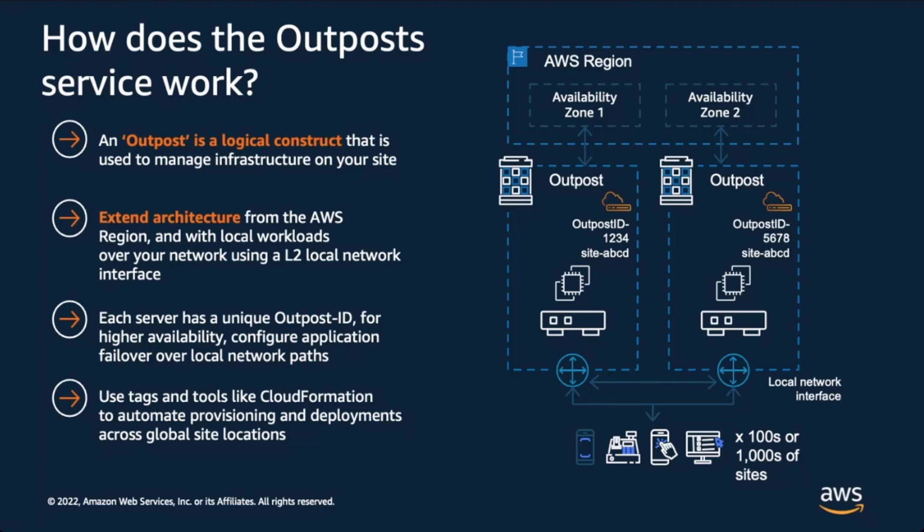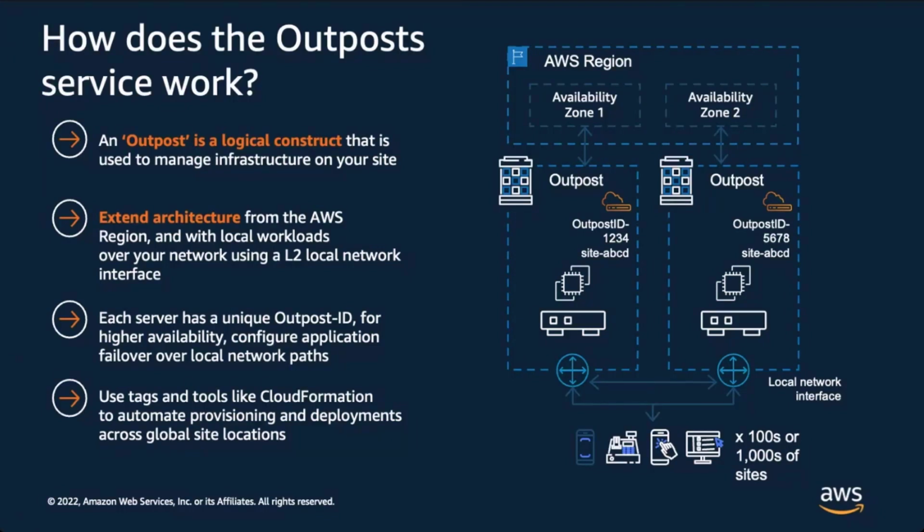But also on Outpost servers, and we'll talk about the services, we don't have all 200 services, or all the services that we have in the region, running on an Outpost server for a lot of different reasons. But because we're connected back to the region, you can still leverage those services that are not on the Outpost, but in the region, using that connection.